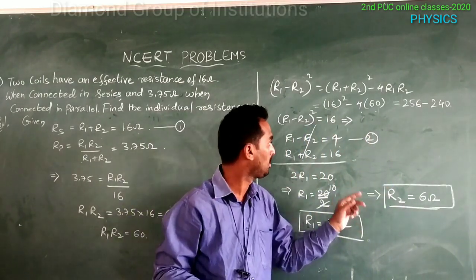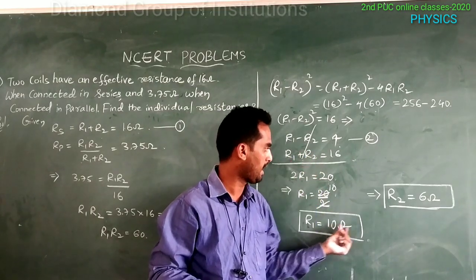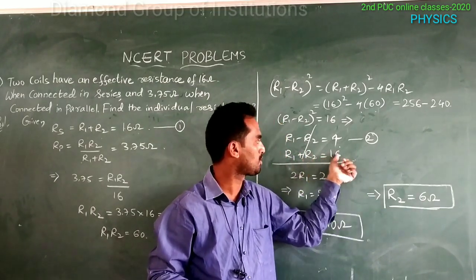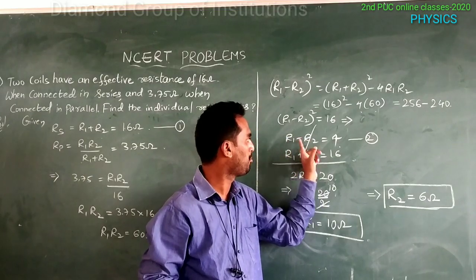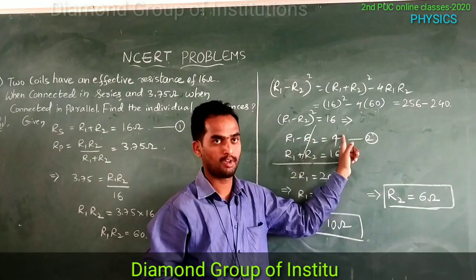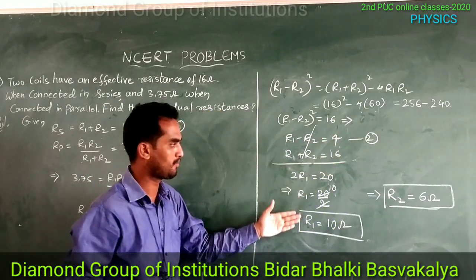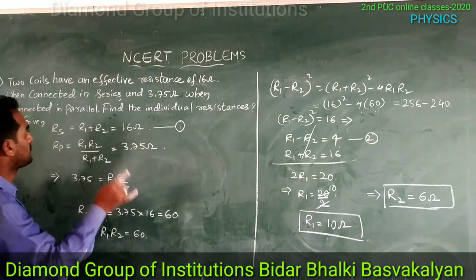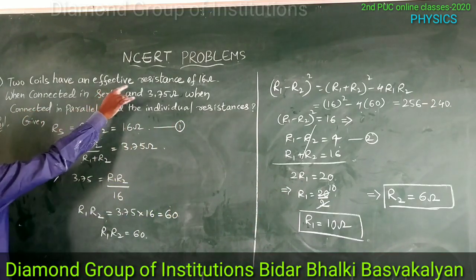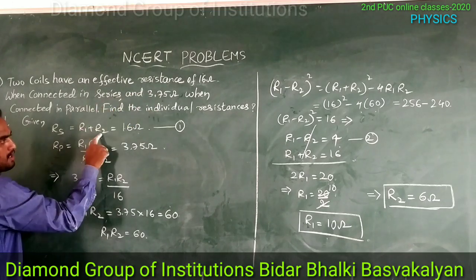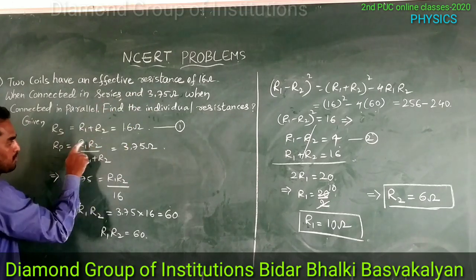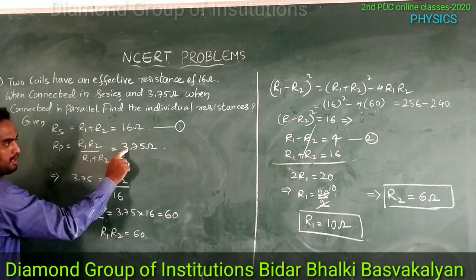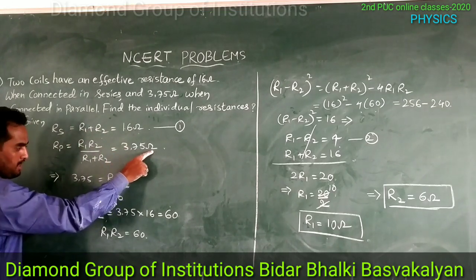See, cross verification: 10 plus 6 equal to 16, 10 minus 6 equal to 4. So hence, whatever answer we got is exactly right. See once again, when two resistors are connected in series, value is 16. When two resistors are connected in parallel, 3.75 ohm is mentioned here.